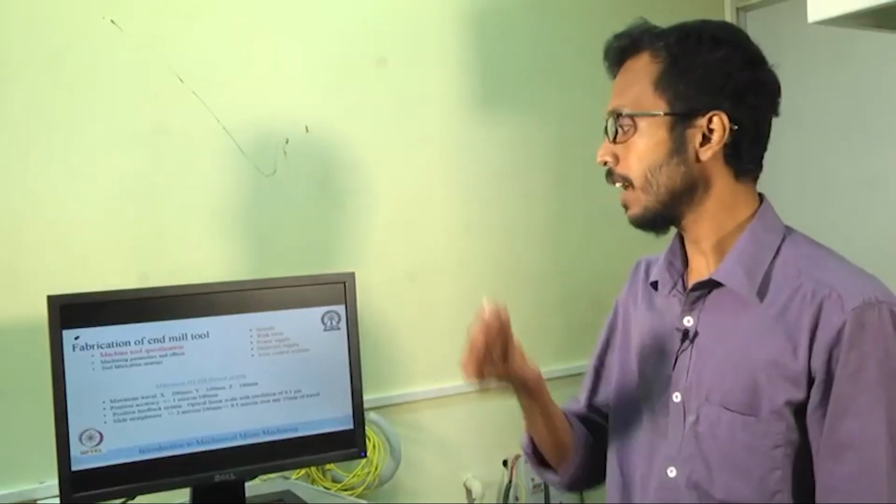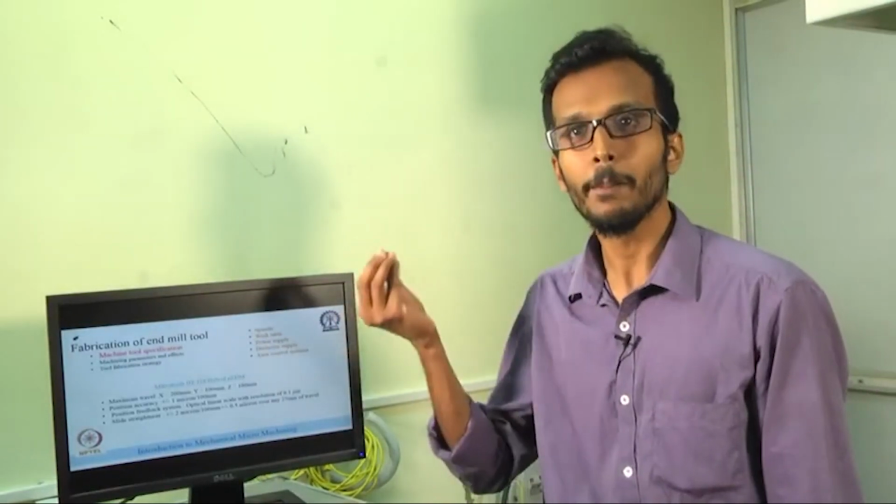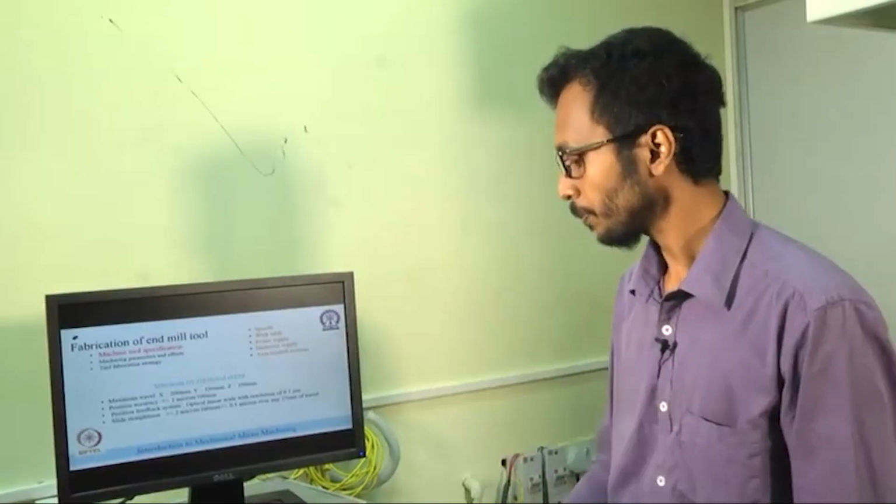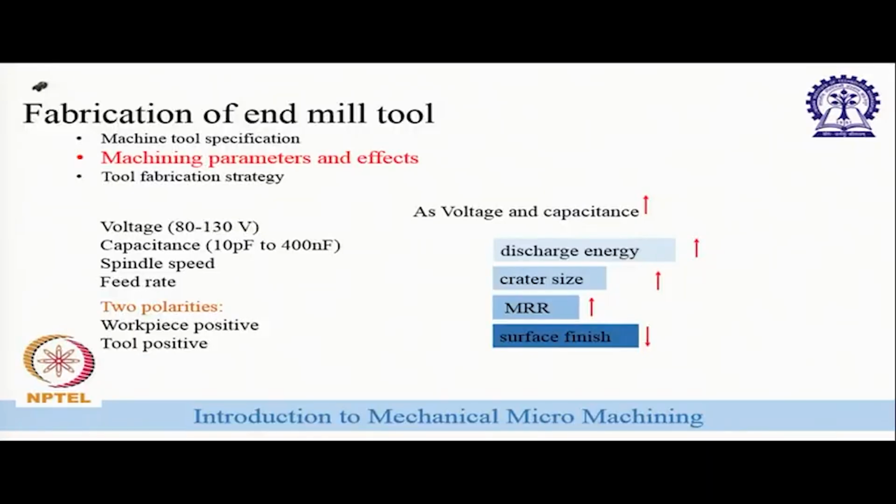Okay. These are the main parts of the machine tool. And as I told you before, the EDM process is actually a non-contact process. The discharge is responsible for the material removal.